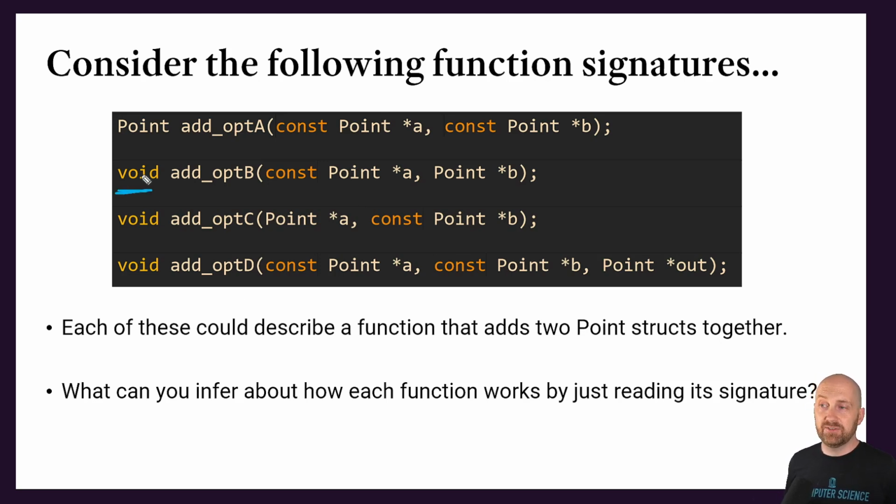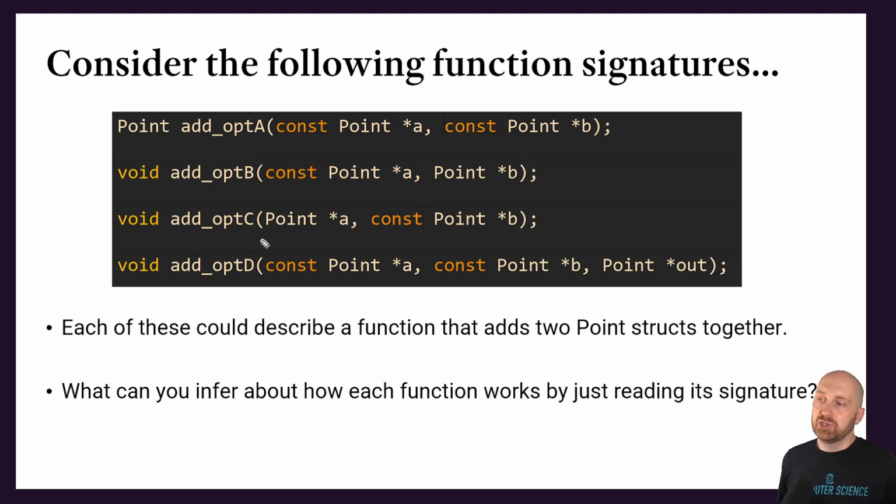Now, you'll notice this is a return type of void, so we're not expecting any new value back. And if you were to place a bet on how this function works based on this declaration, it would probably make sense that A's 2 values, X and Y, are being added to B's, and whatever B points to is being mutated in some way through addition, right?